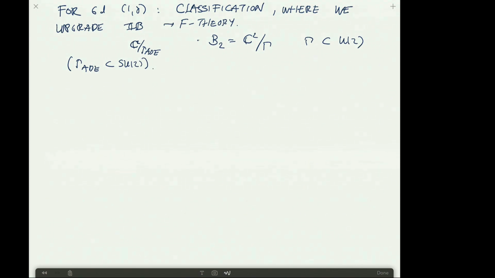And in fact, in addition to this, B2 is not just any kind of orbifold with some U2 action.